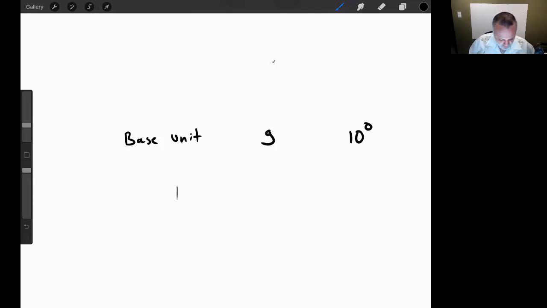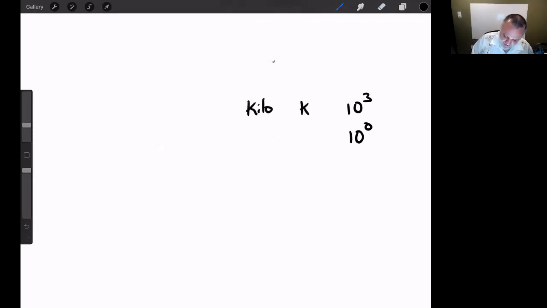And so we've already talked about the next one up, the kilogram, and it's kilo. And the symbol is K. What's the definition of kilo? The definition is 10 to the third. And so what I'm actually going to do is move these out of the way because I want to put these together. Kilo, with the symbol K, is equal to 10 to the third.